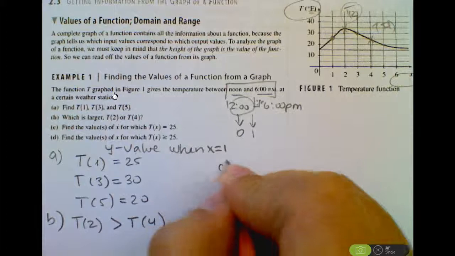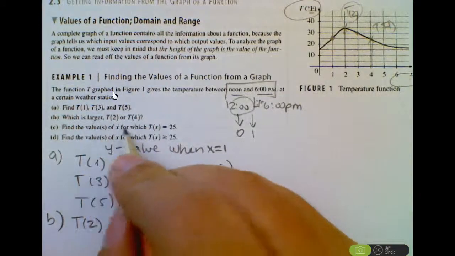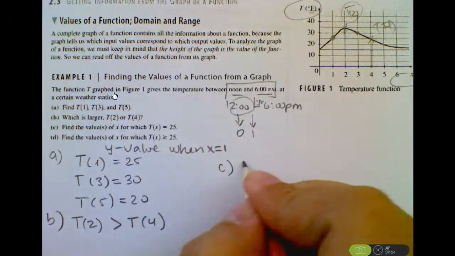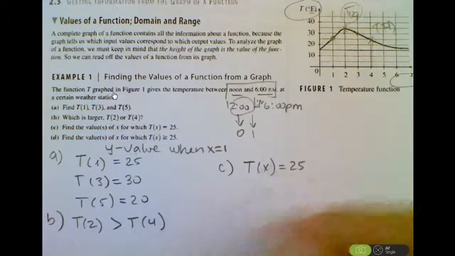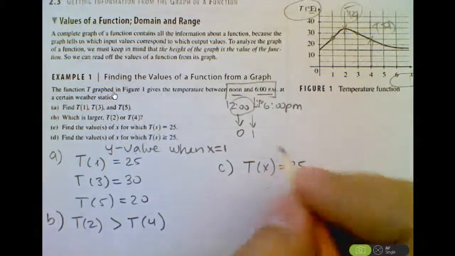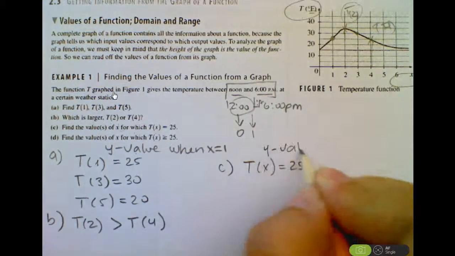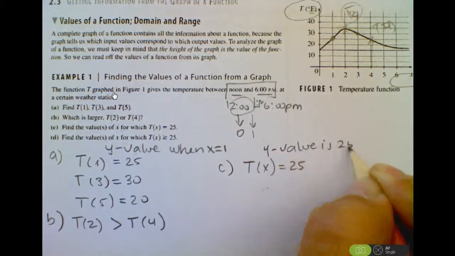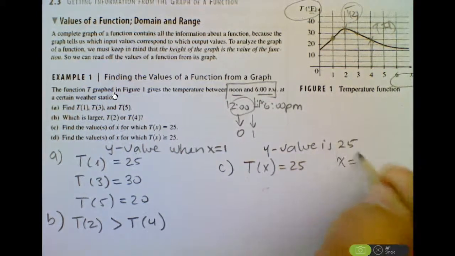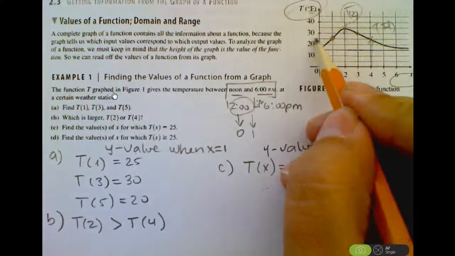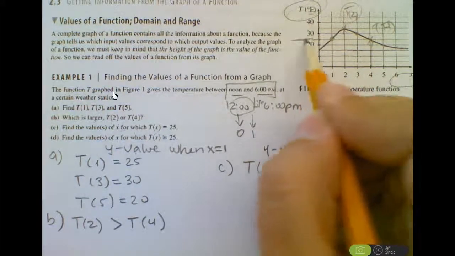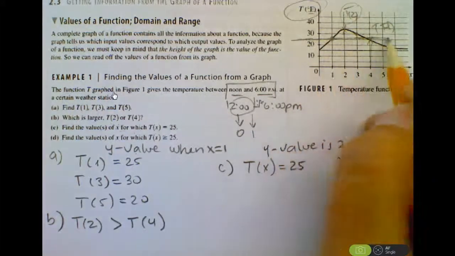Now part C says, find the value or values of x for which T of x is 25. So when I'm finding something like this, what I've been asked is, if the y value is 25, how much is x? So on the y's, I'm looking for the number 25, which is right here, and then I'm going to draw a line across.